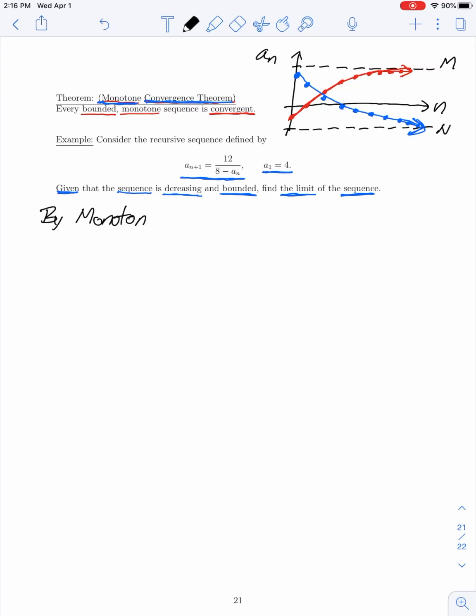So let's start by saying that we are guaranteed the sequence will converge.